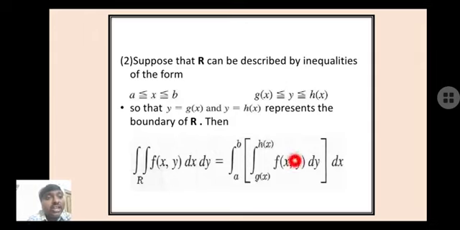First, I calculate the internal integration in the square brackets. When integrating with respect to dy, treat x as constant. After calculating the inside integration, I calculate the outside integration with respect to x.